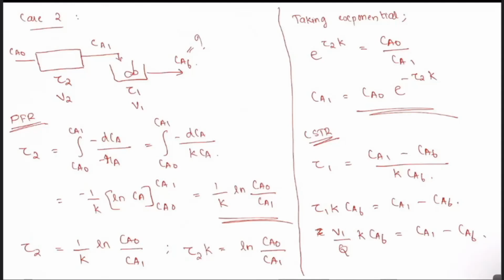Now what we have to do is rearrange this equation to find CAF. So CAF will be Ca1 by tau 1 K plus 1.